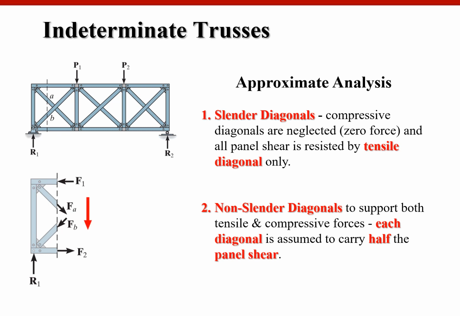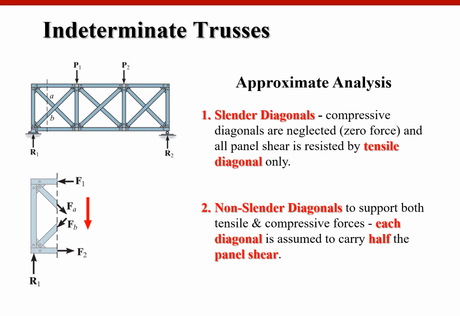Okay, let's take a look at this free body diagram. And no matter what, your sigma F sub y, in this case vertical direction, must be 0. F1 definitely does not have vertical component. F2 neither. Fa has some vertical component, and Fb has some vertical component too.